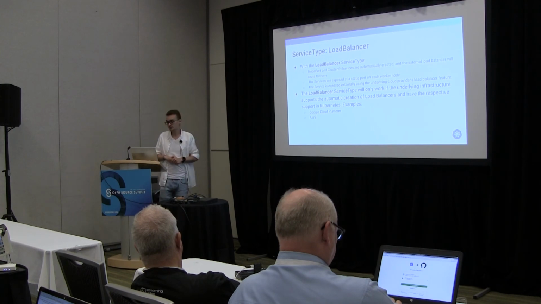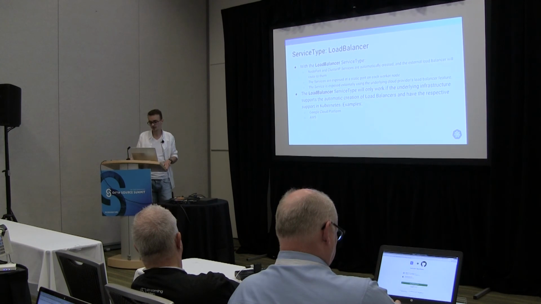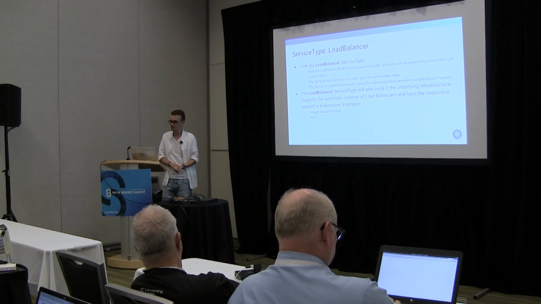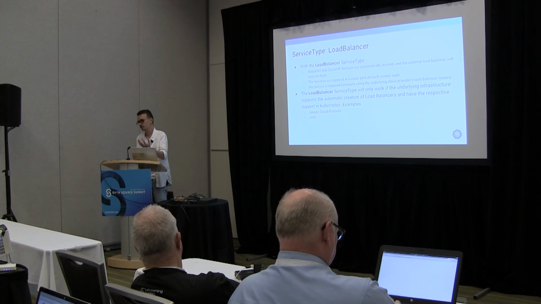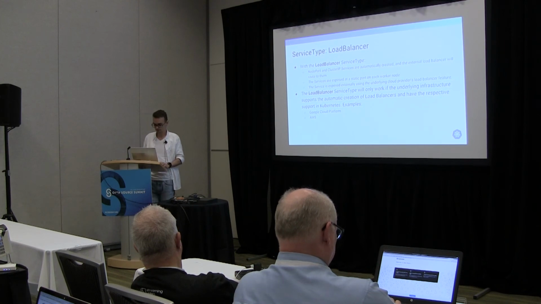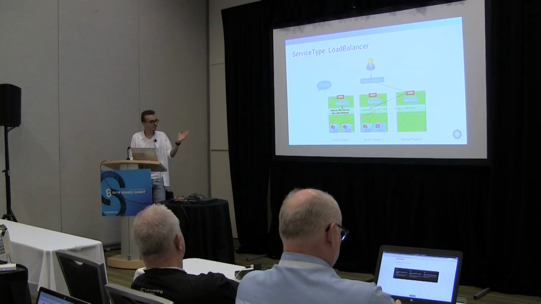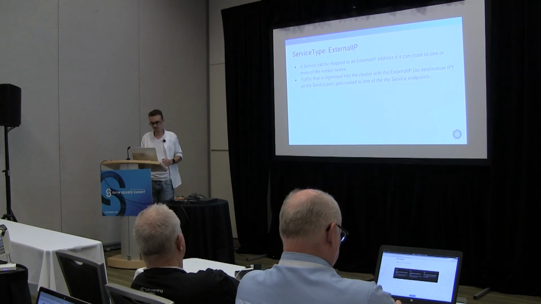It's pretty easy. When you are deploying new services, they are automatically created, and the external load balancer that is natively compatible with Kubernetes will route to them. For example, with Google Cloud Platform, the Google Cloud Platform load balancer is used, and it routes your traffic to the Kubernetes cluster. And here on this diagram, we can actually see that.